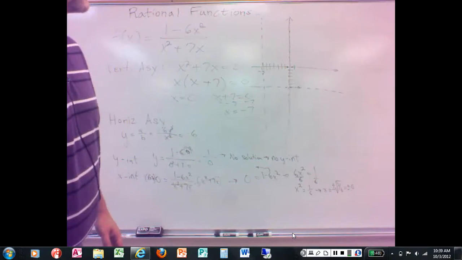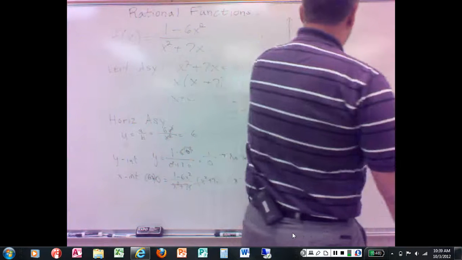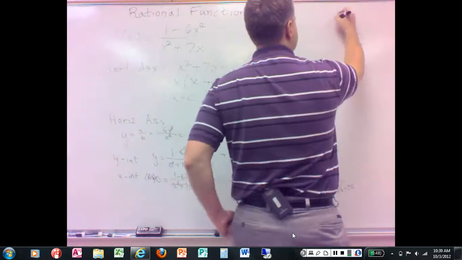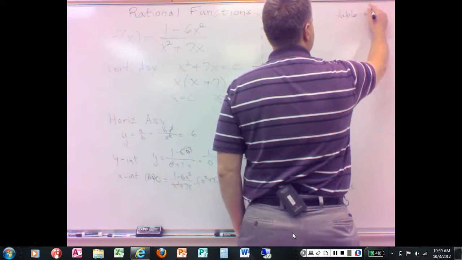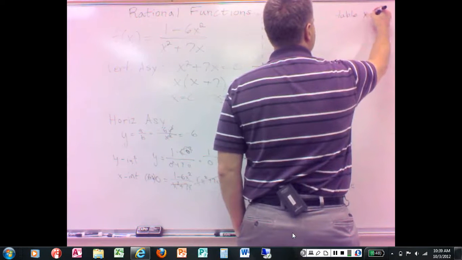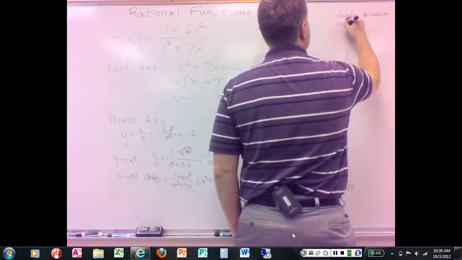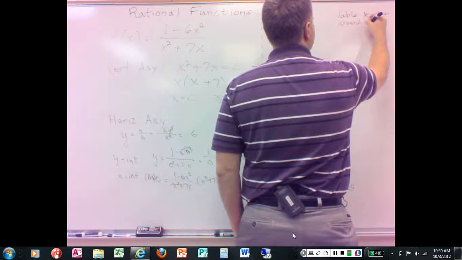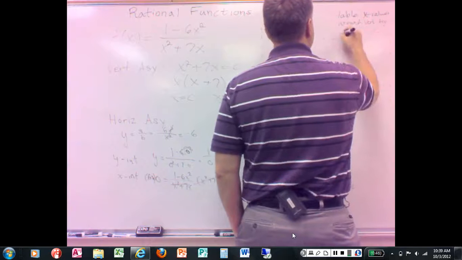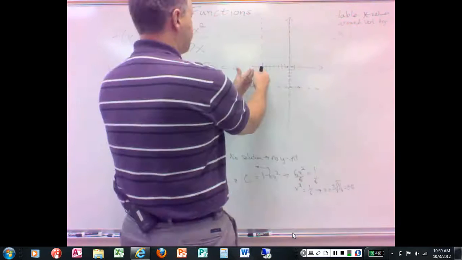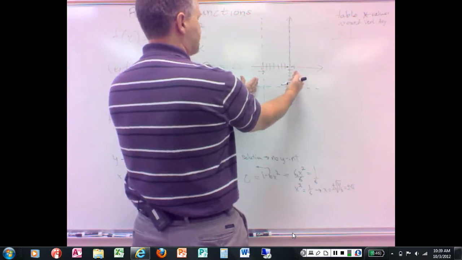Okay. All right, so a little table here, with x values around the vertical asymptotes. Well, we've got two vertical asymptotes. I've got -7 and I've got 0. Those are my vertical asymptotes.